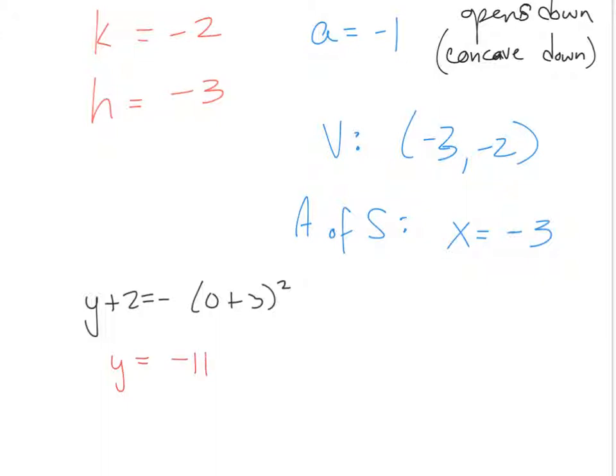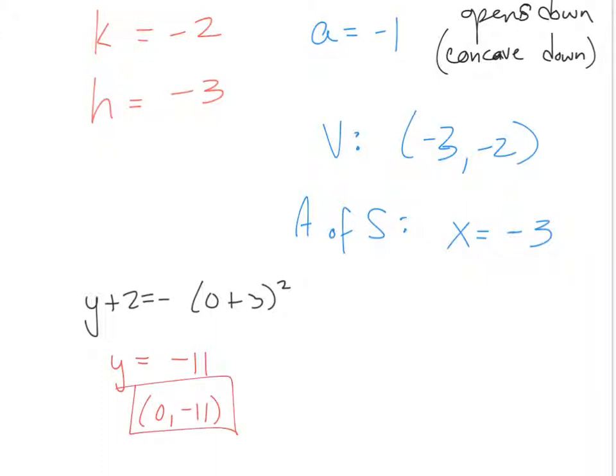Very good. Okay, be careful because it's the opposite of 3 squared. It's not -3 squared. Again, on the right-hand side here, this is the opposite of 3 squared. 3 squared is 9, which makes that -9. And then when you subtract 2, you get -11. So 0, -11 for the y-intercept.